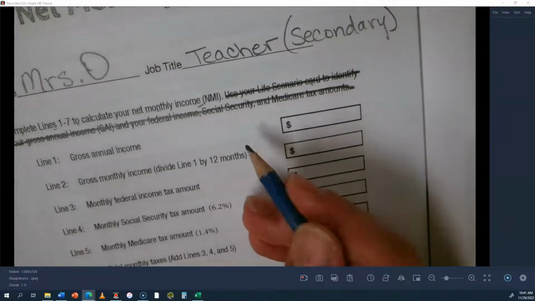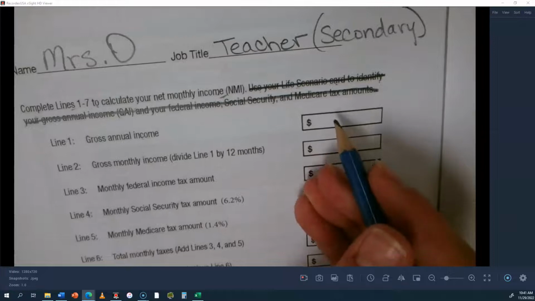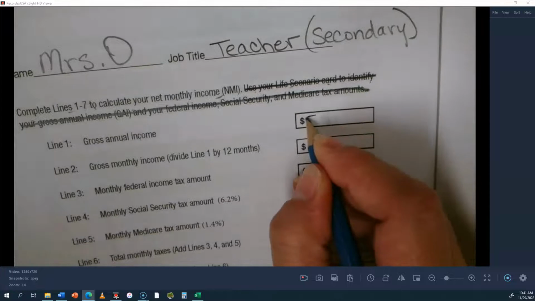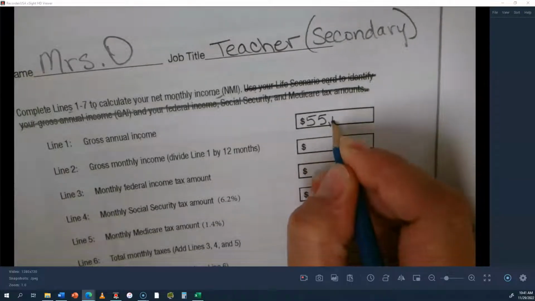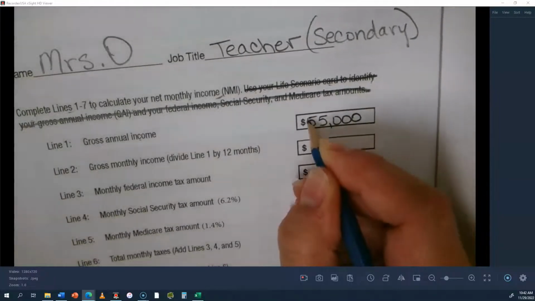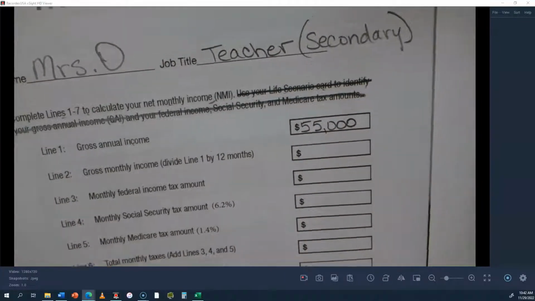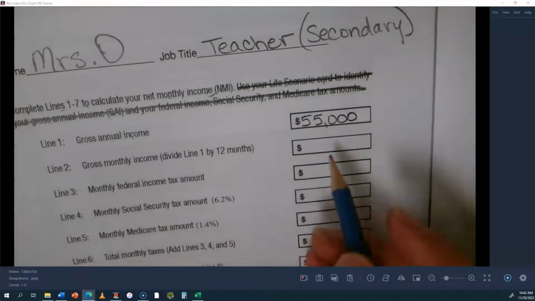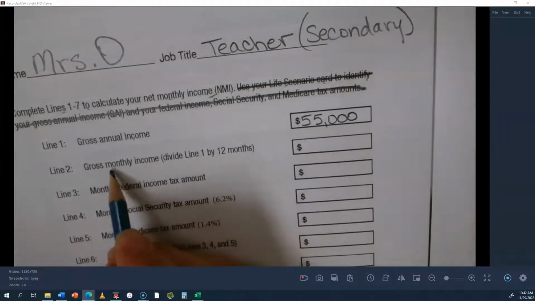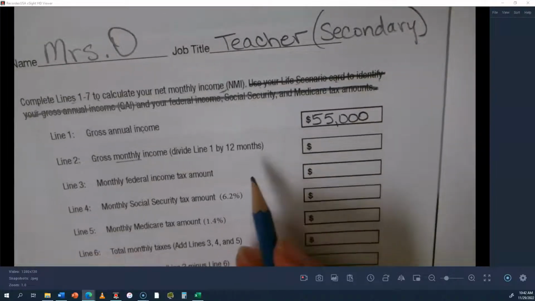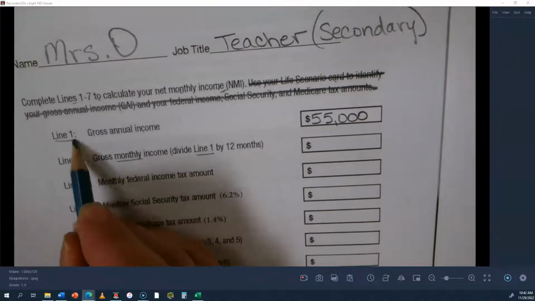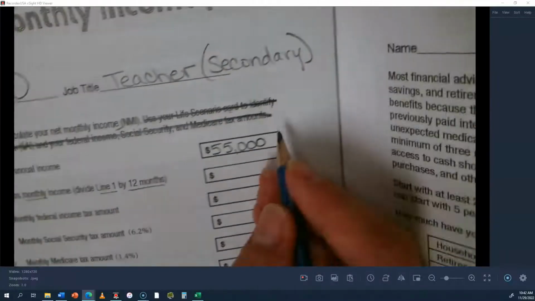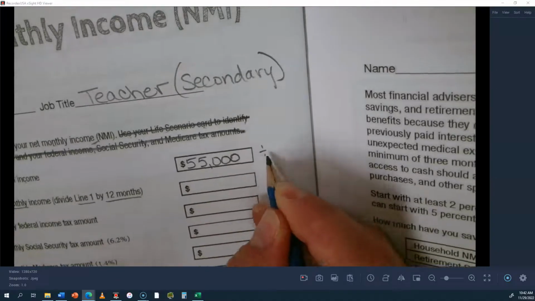So I'm going to use the gross annual income of a teacher in my state, and I make about $55,000 a year. Nice if it was more, wouldn't it? Anyway, in order to find my monthly income, I have to take line 1 and divide it by 12. So I'm going to take 55,000 and divide it by 12.